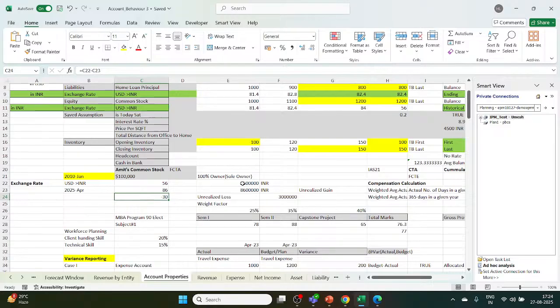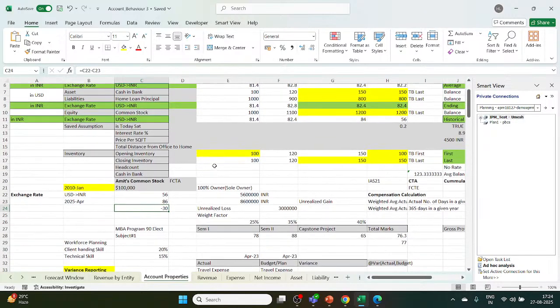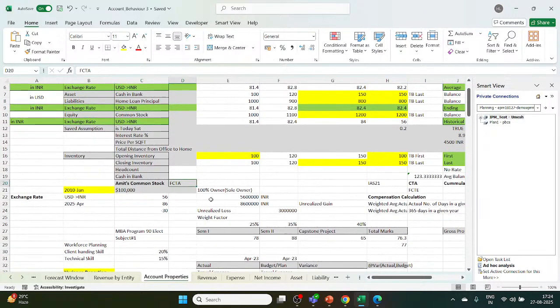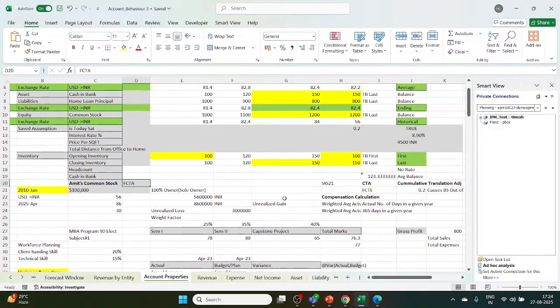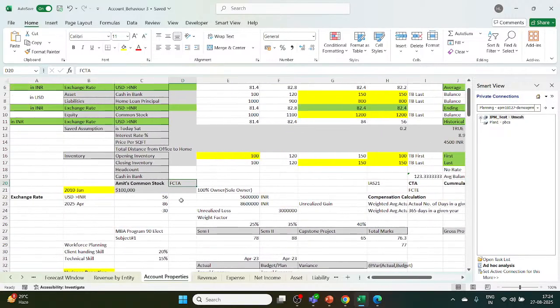56 lakh rupees. Here the 86 lakh rupees. Suppose there is a common stock.